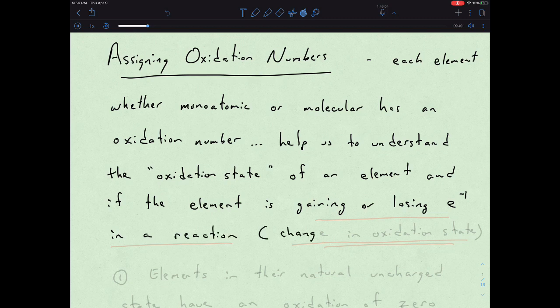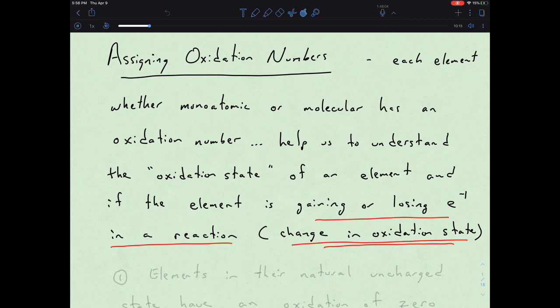And that would mean we'd have a change in oxidation state. So the oxidation number is really important because it helps us to understand this idea of gaining or losing of electrons. And this is how we can then determine a change in oxidation state in a given particular reaction.